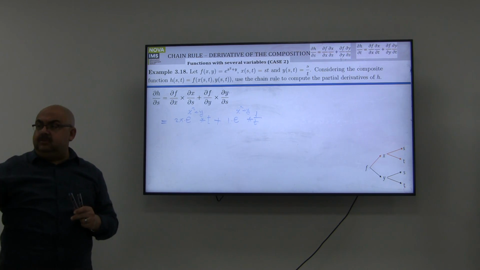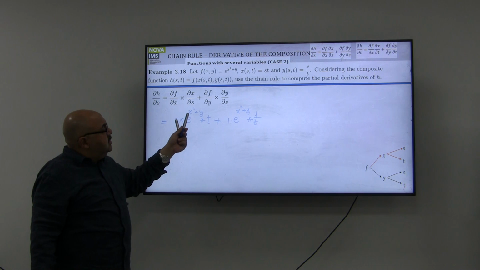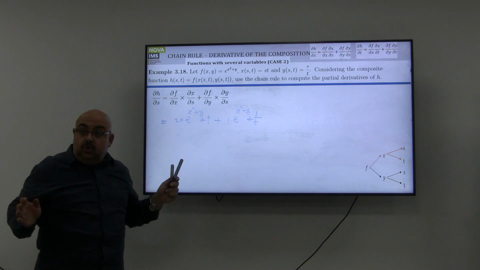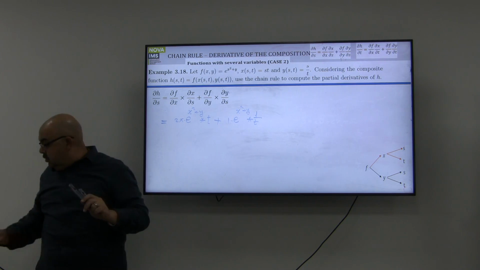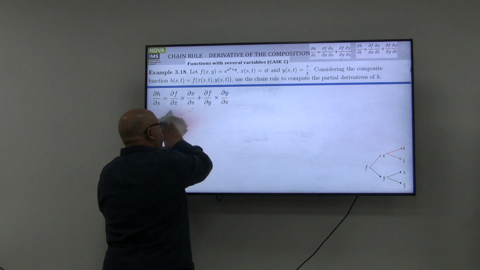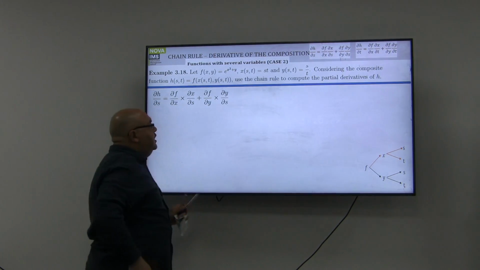Then I will start resubstituting once more. Instead of x, I will put s times t. Instead of y, I will put s over t in all of them. Okay? It's really very simple, very direct. But as I told you, you need to memorize the substitution, the derivative, and the substitution.